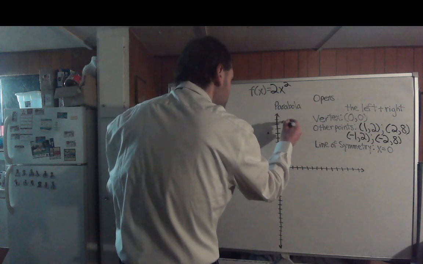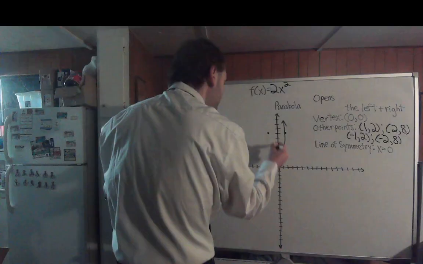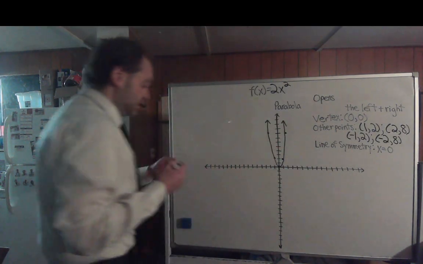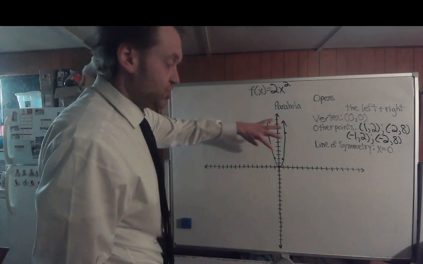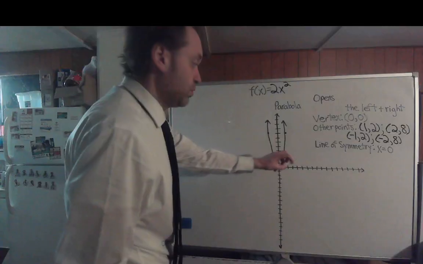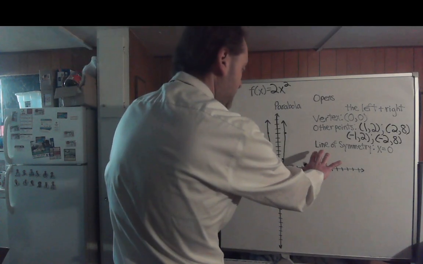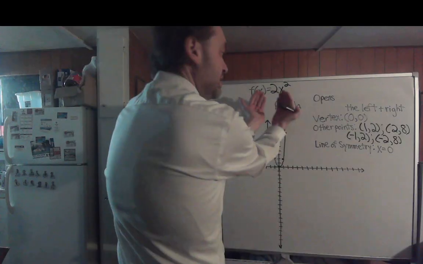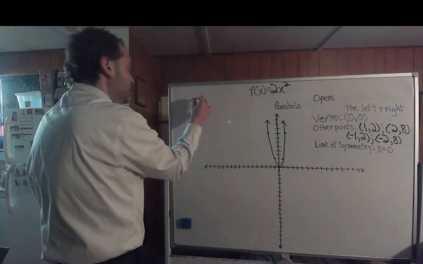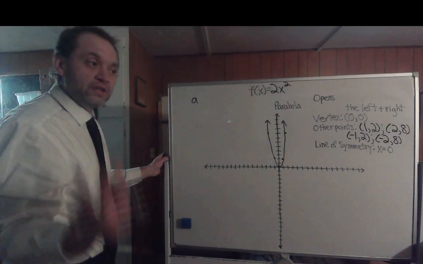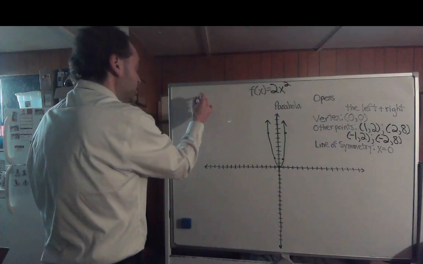Very interesting. So notice it seems to stretch it more vertically and shrink it horizontally. It's not as laid out horizontally, but it stretches it up more vertically. That 2 is called your a. A is some coefficient on your x squared term, okay?